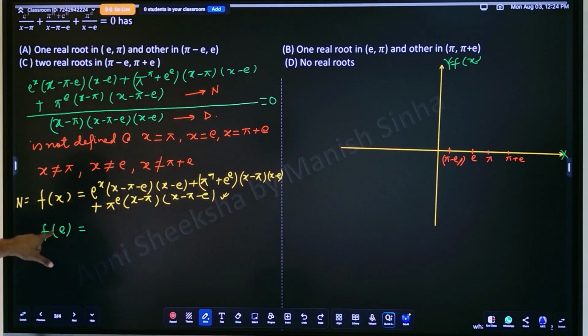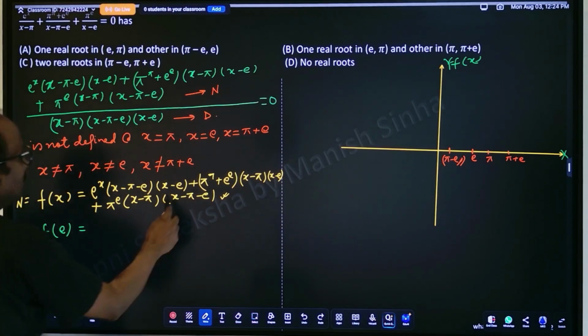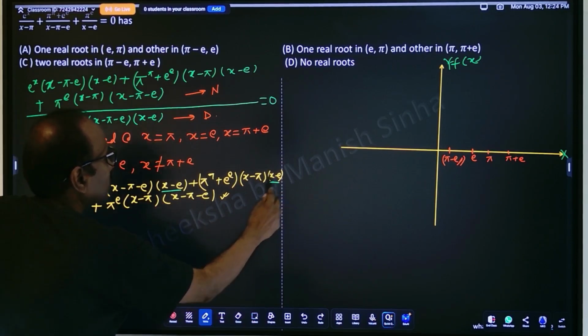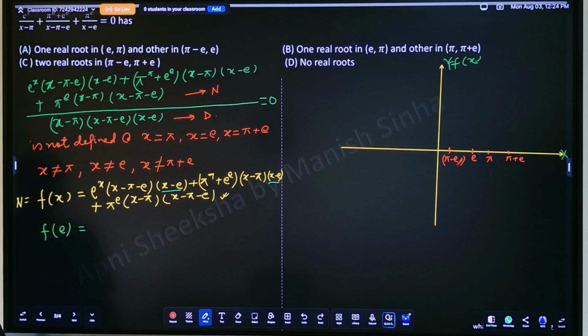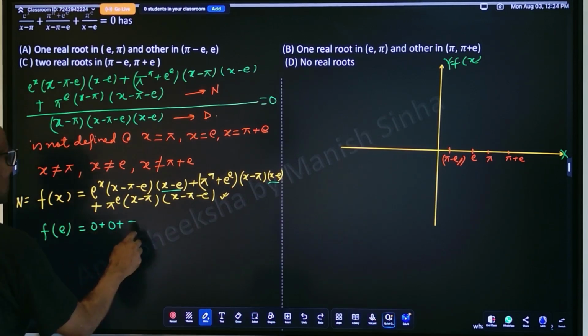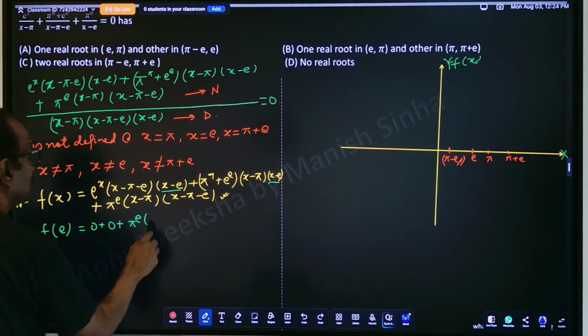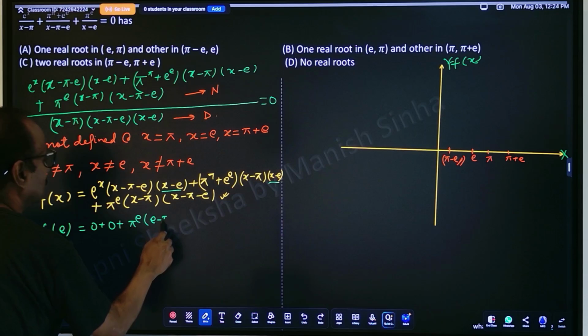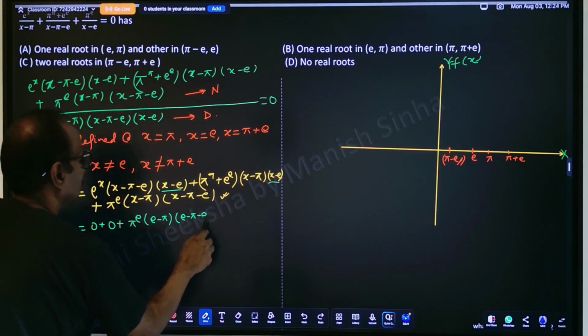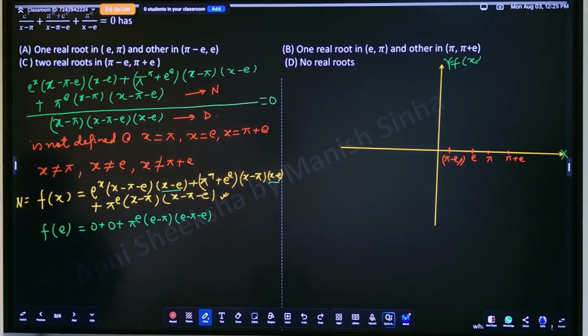So at x is equal to e, this will be 0, this will be 0. Its first and second term will be 0, third term will be this much.